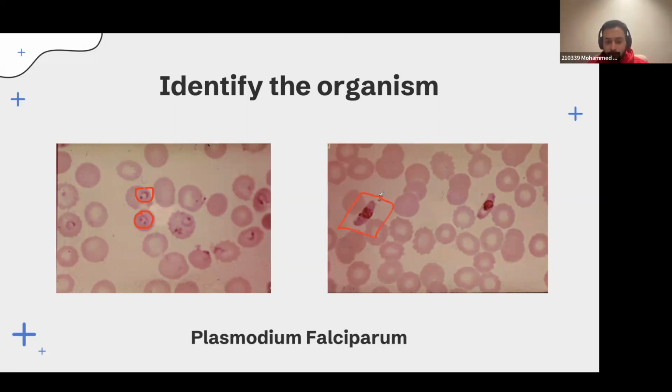Now, for a question. Is Plasmodium falciparum the most severe one? Yes or no? Yes, good. Okay, if I say Blackwater fever, what strain am I thinking of? It's most likely falciparum. Okay. Now, what type of fever does it cause?